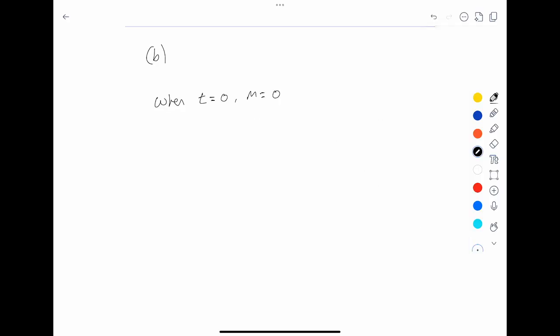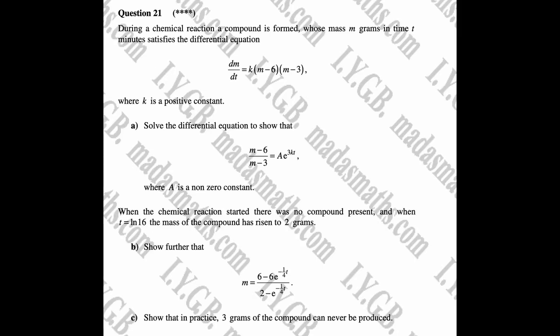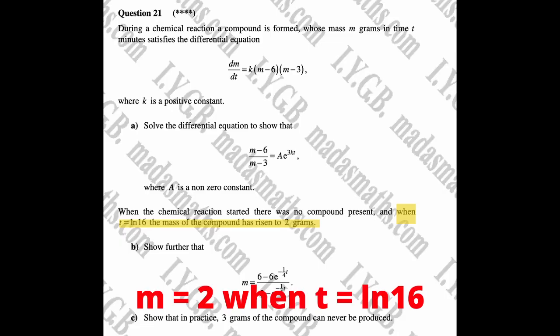So therefore our first condition is n equals 0 when t equals 0. A slightly more obvious fact is that it tells us that when t is equal to ln 16, n equals 2. So this forms our second condition.